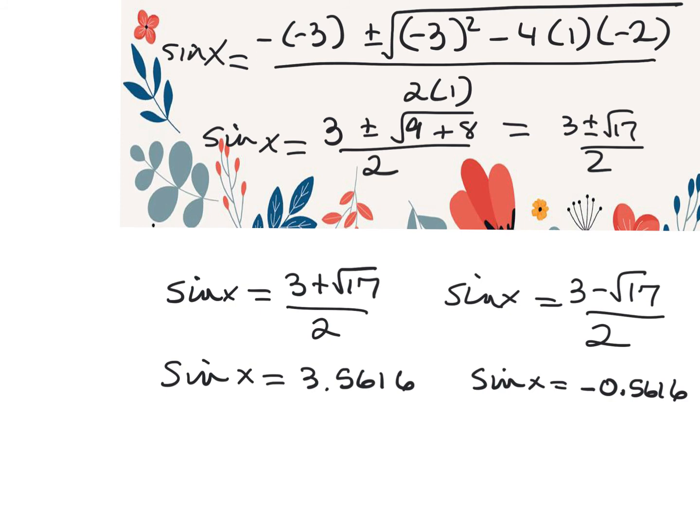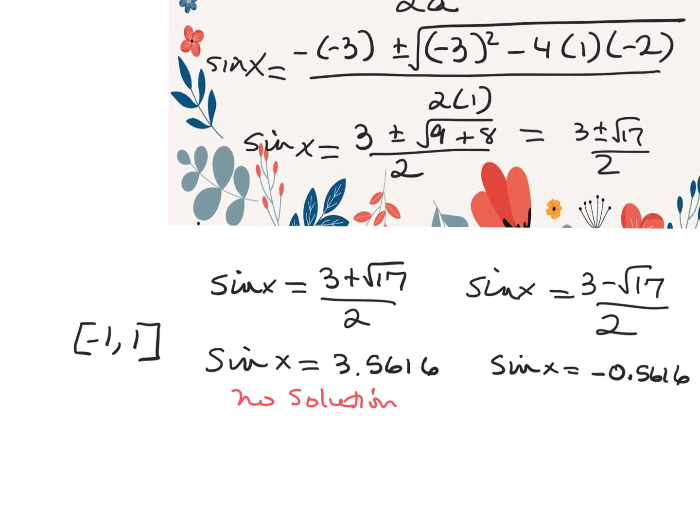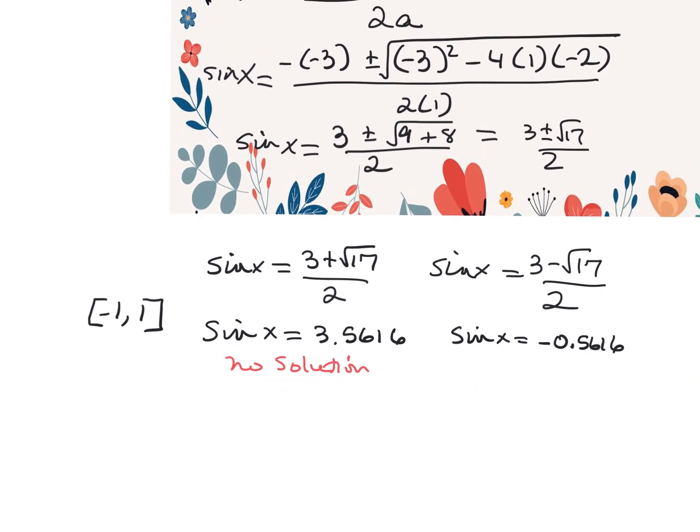Remember, the value of sine must be between -1 and +1. Notice the first one is out of that range. It's too big. This gives me no solution. However, this one is in the range.